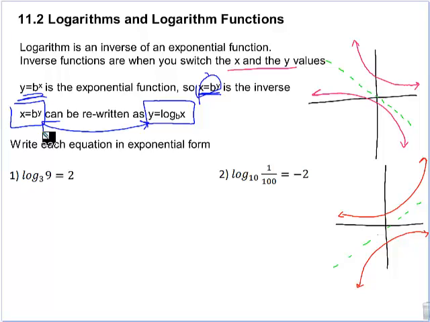So knowing that these two are equivalent to one another, we're going to rewrite the logarithm as an exponent, and then also take an exponential and rewrite it as a log. So we're going to flip-flop back and forth between these two algebraically.